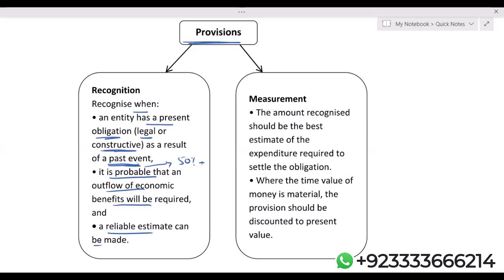When you say you are going to run the business in the future and will have operating losses, that is a future event. So you cannot recognize a provision due to any future event, so you cannot recognize a provision for future operating losses.